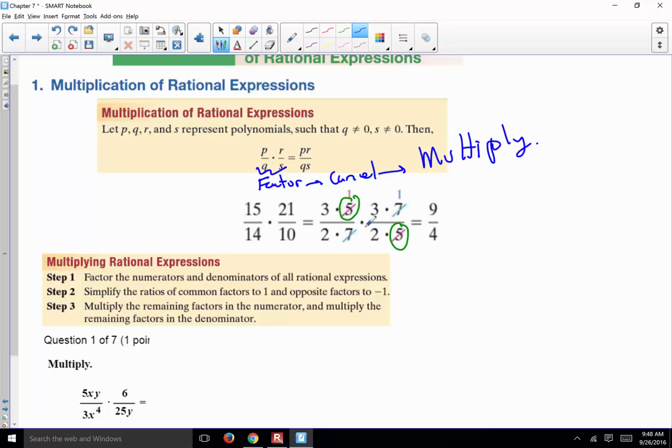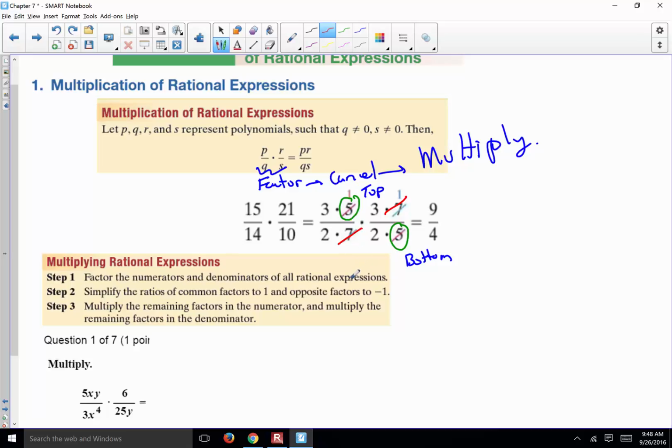So they can be diagonally canceled because this is on the top, this is on the bottom. Like they're enemies. Top side versus bottom side is a fight. So you can cross cancel like 7 and 7 because they're on opposite sides. They don't have to be in the same fraction.